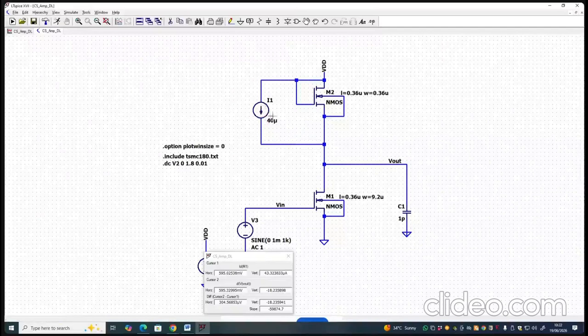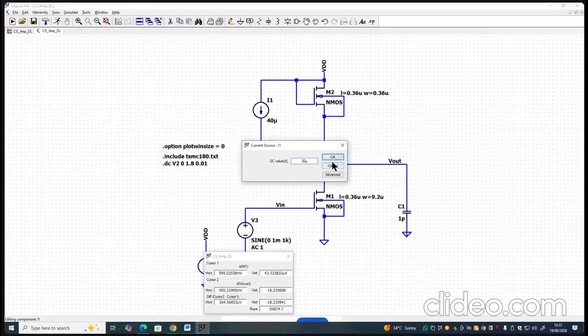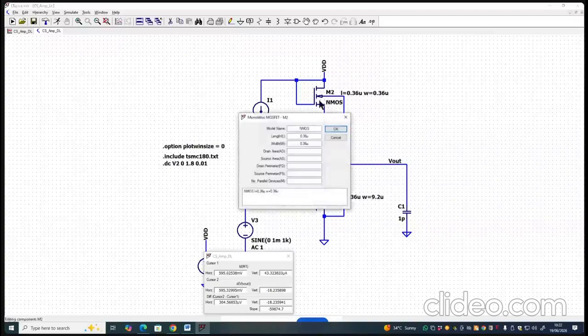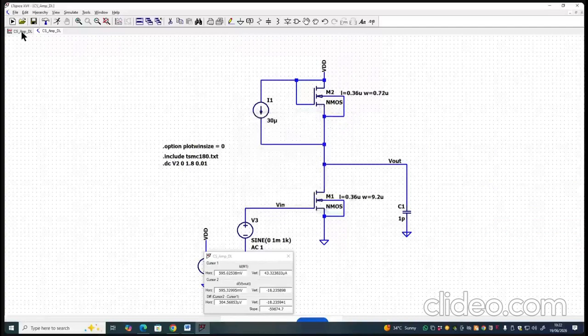You can also see a different situation where, say, only 20 or 30 microampere current is allotted to this, and then the current through this is actually doubled, so you can double the width, and you can again do the simulation.